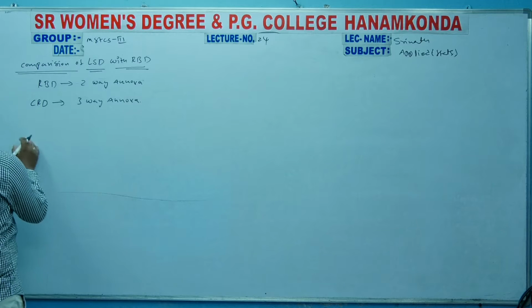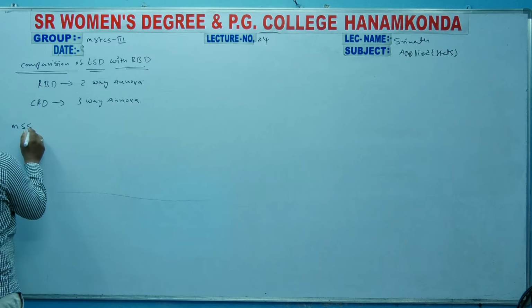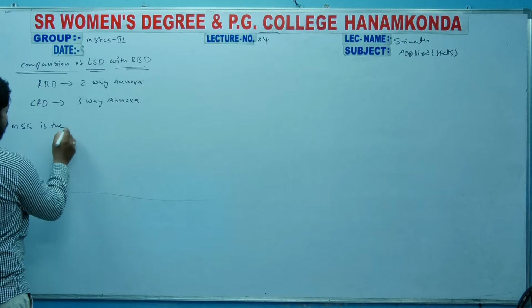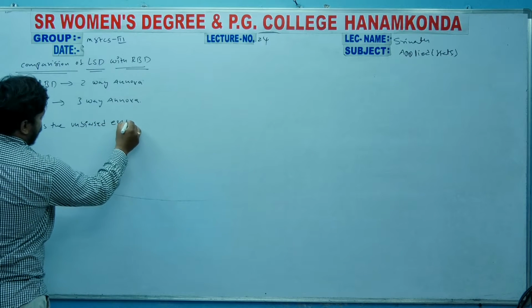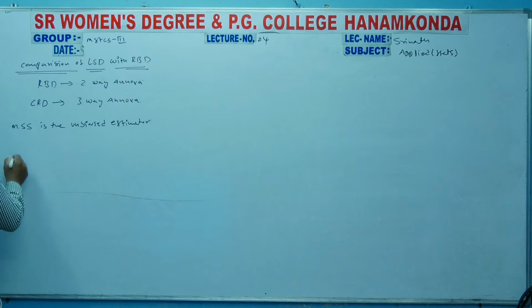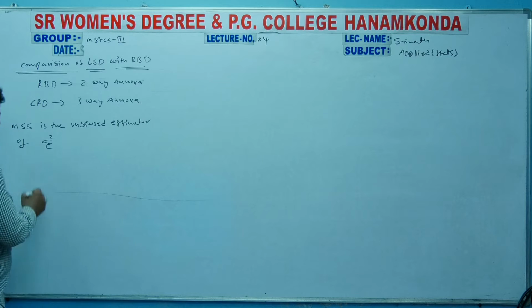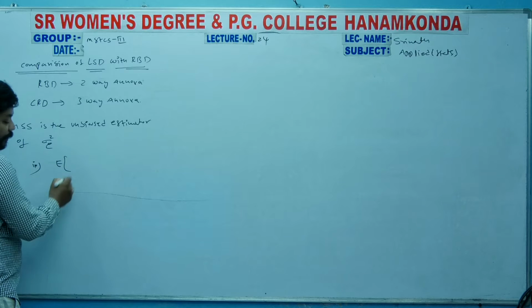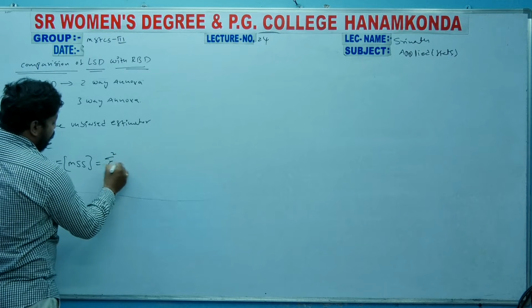And the mean sum of squares is the unbiased estimation of variance of E. That is, the expectation of mean sum of squares is equal to variance of E.